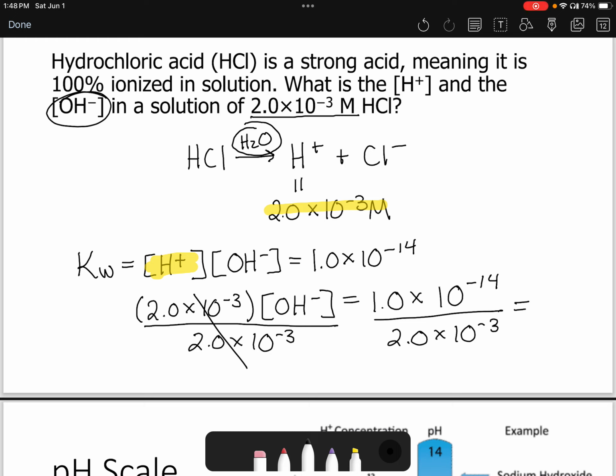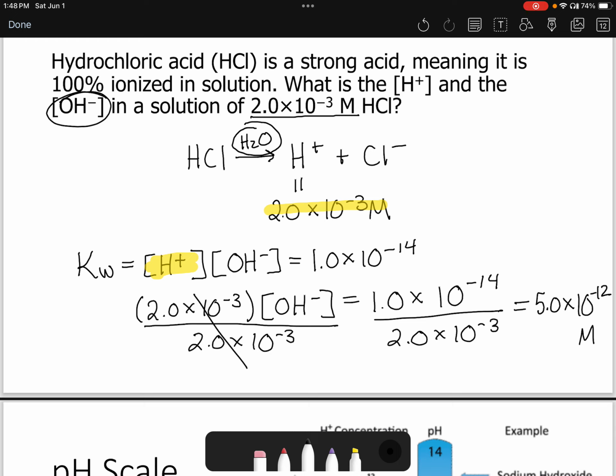So I got a value of 5 times 10 to the negative 12, and that would be moles per liter, since that's the concentration unit we're using.